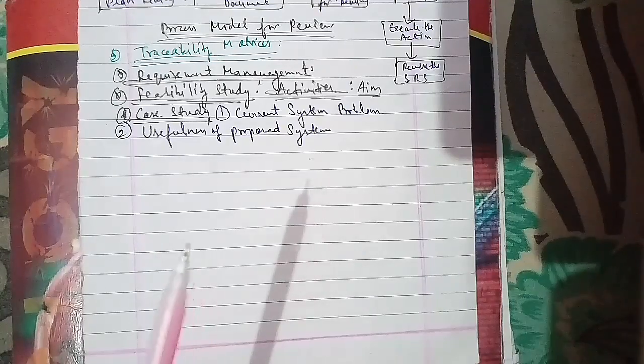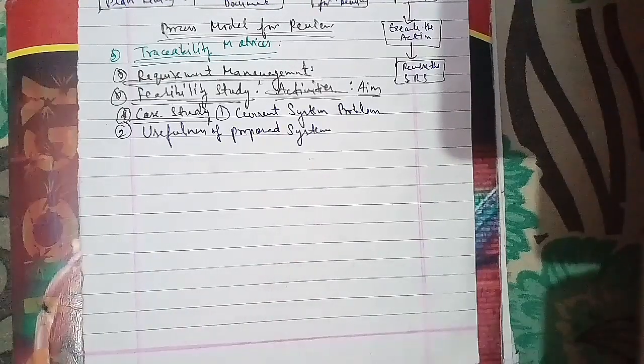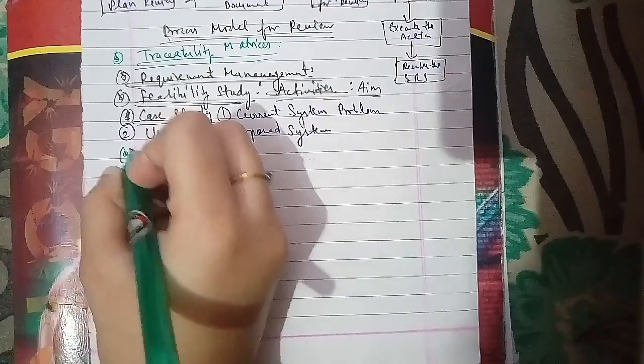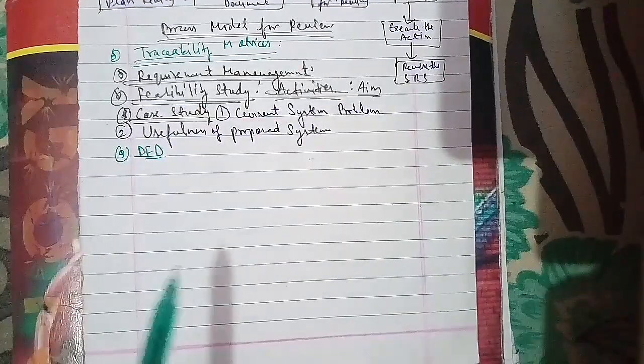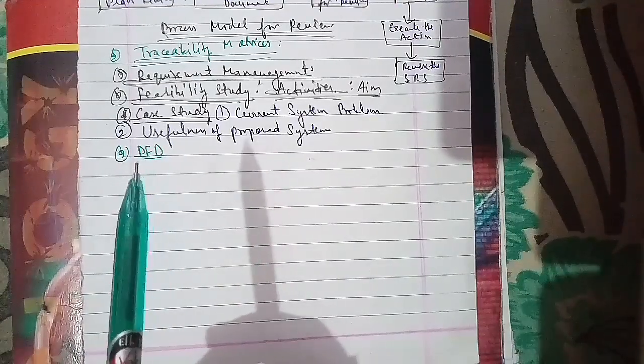So let's go ahead with the DFD of this library information system. Here we have the student. It is a book request, and this is the library card.